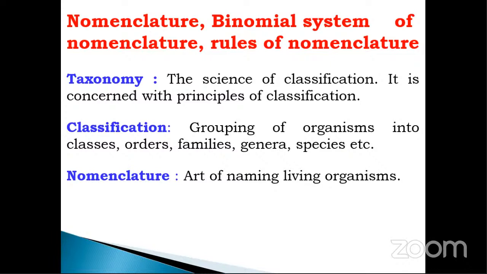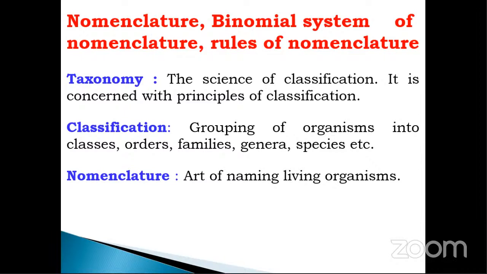Firstly, we see some definitions. First definition: taxonomy, the science of classification, which is concerned with the principles of classification. Taxonomy is the science that deals with the identification, nomenclature, or classification of organisms, or the systematic arrangement of organisms into different classes.